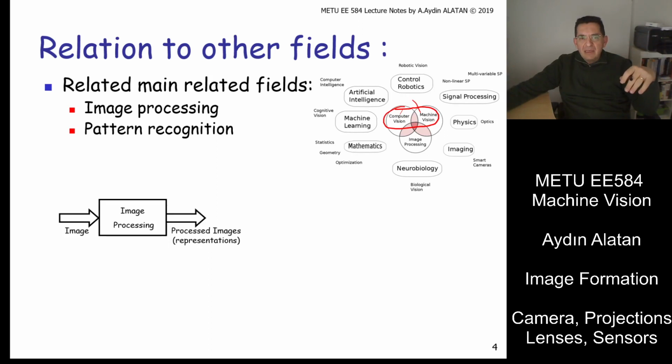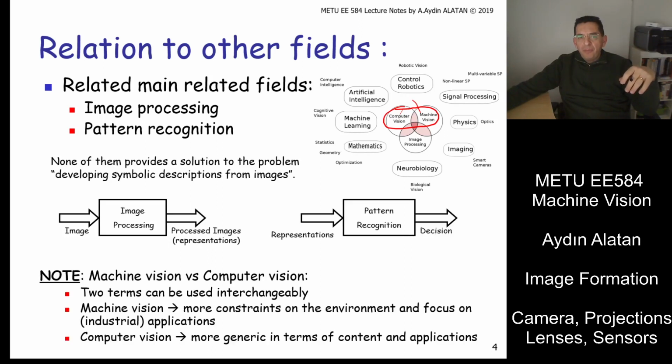Machine vision means more constraint on the environment, the light, everything is known, you fix them and you do many things in a more controlled way, in a factory or in a laboratory. Computer vision is more general, and from the internet you don't know who captured the video, and you basically try to obtain those results.